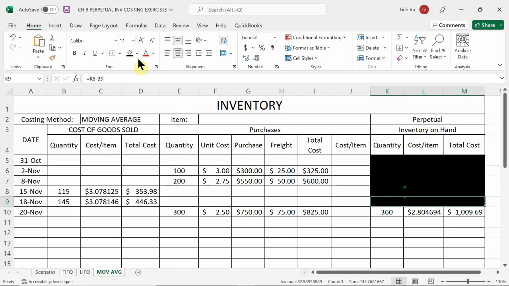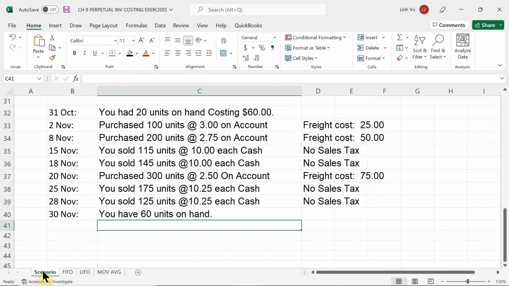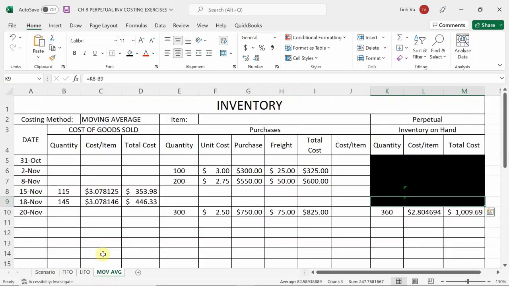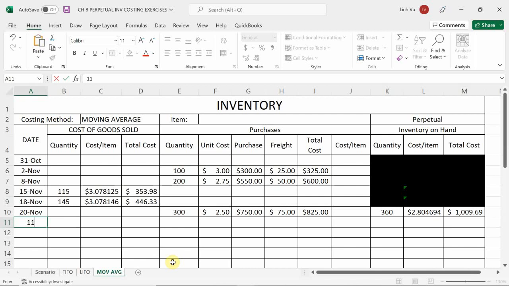So now I have a grand total of 360 units available to sell. On November 25th, we end up selling 75 units. So November 25th, we got 175. Okay.